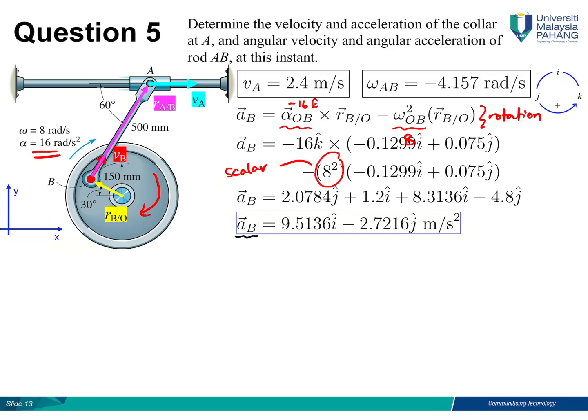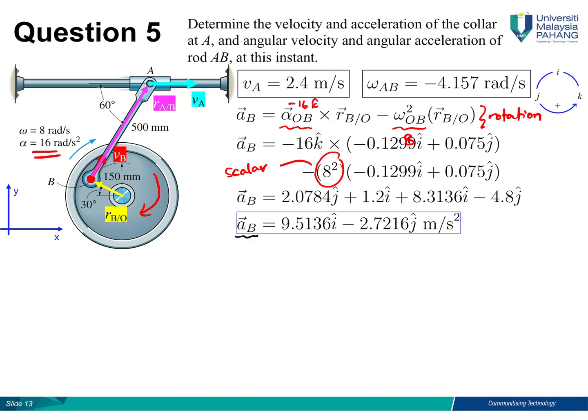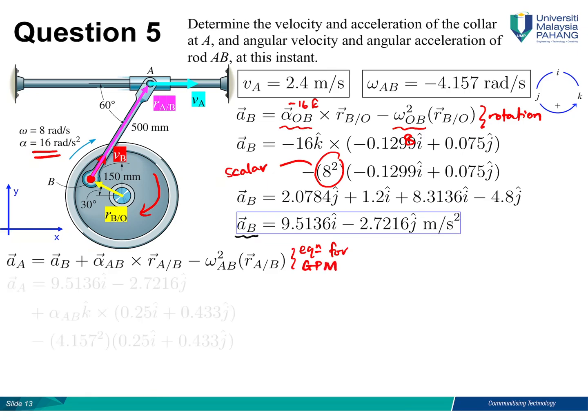So now what we want is the acceleration of point A. Okay, so now we go to AA equal to AB, which we have calculated just now. So this is the equation for general plane motion, GPM, right?